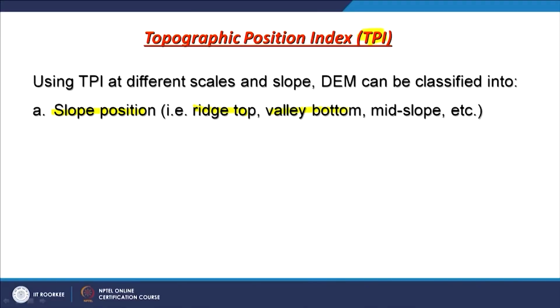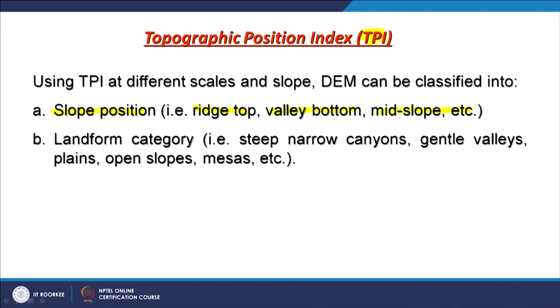For slope position, these are ridge top, valley bottom, mid slope etc. Whereas if we define a landform category, then it is steep narrow canyons, gentle valleys, plains, open slopes and mesas etc. So these geomorphic features would be the categories if we classify using landform category. If we classify based on slope position, then we can classify ridge top, valley bottom, mid slope etc.